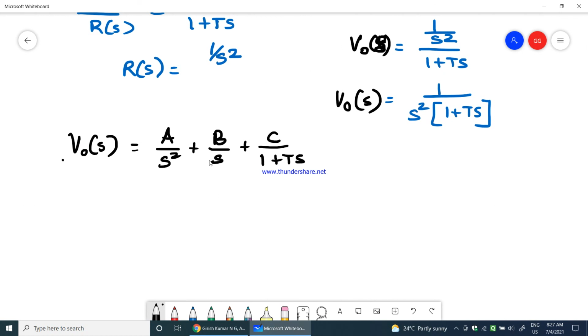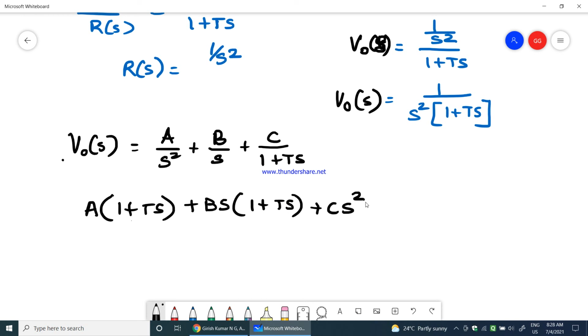Here it is a into 1 plus Ts, s will not come because s square is there. So it is a into 1 plus Ts plus b into s into 1 plus Ts plus c into s square equals 1.